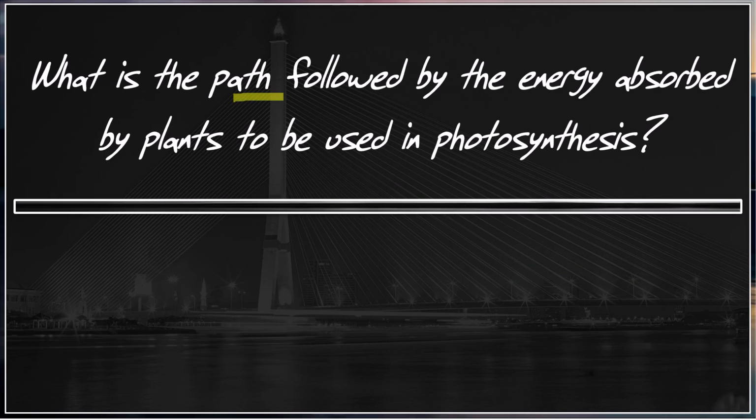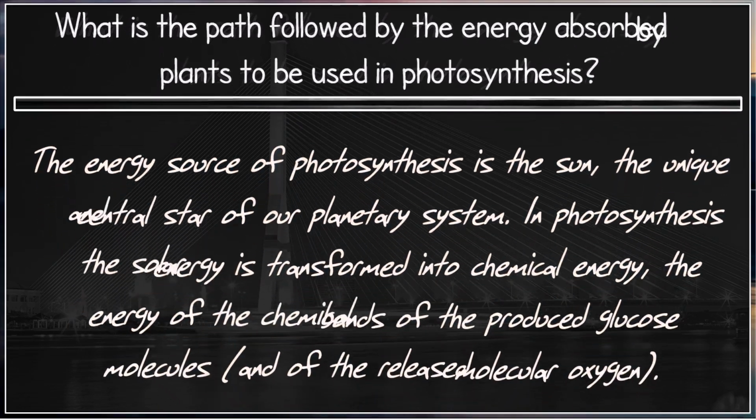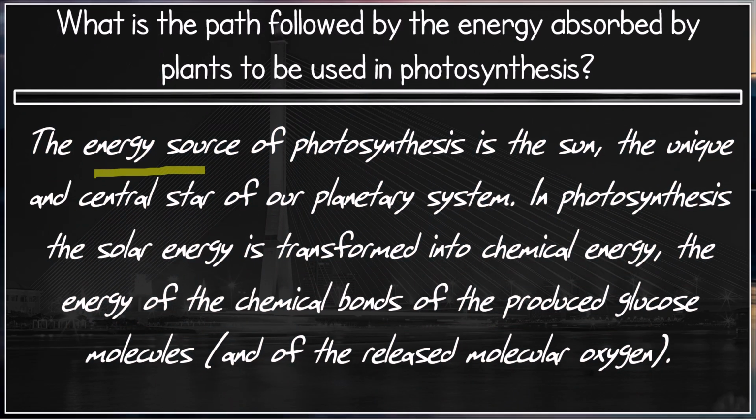Which path is followed by the energy absorbed by the plants to be used in photosynthesis? The energy source of photosynthesis is the sun, the unique central star of our planetary system.